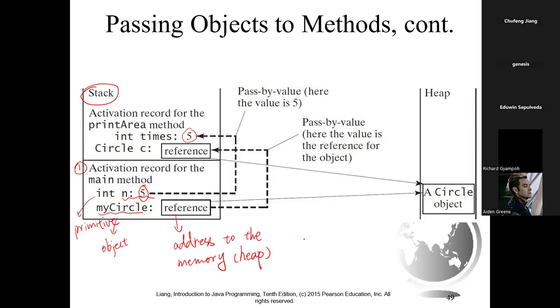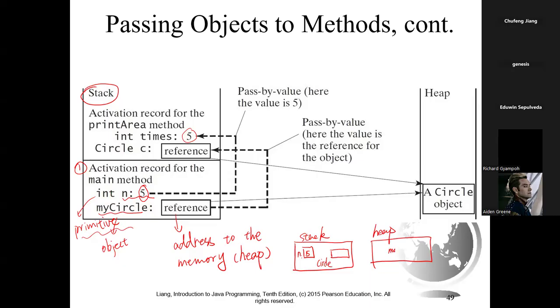For example, here is the stack area, and here is the heap area. When we are talking about a primitive data type, it's usually created here. Like we have a data value which is 5, this is n. It is created in the stack. However, for MyCircle, I have a MyCircle there, and it is a reference. This reference refers to the heap.